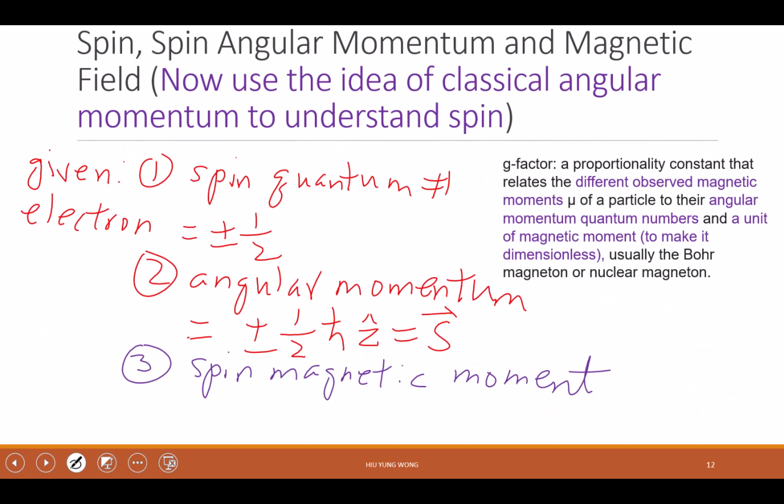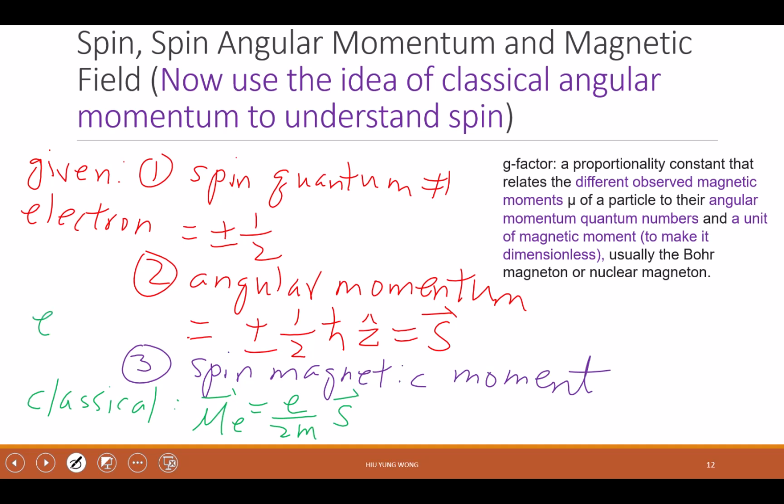Now, here is something very interesting. If you use classical physics, you expect the magnetic moment to be equal to e divided by 2m, where e is the charge of the electron, times the angular momentum, correct?